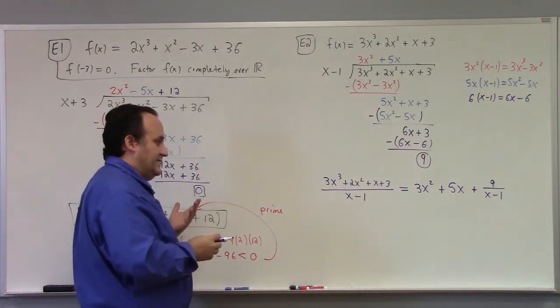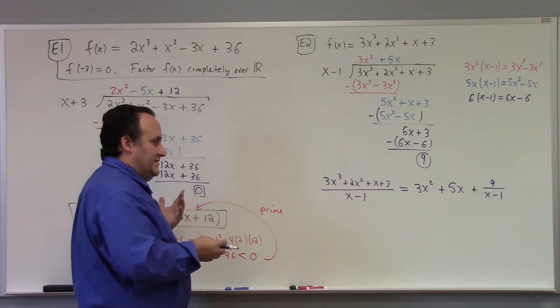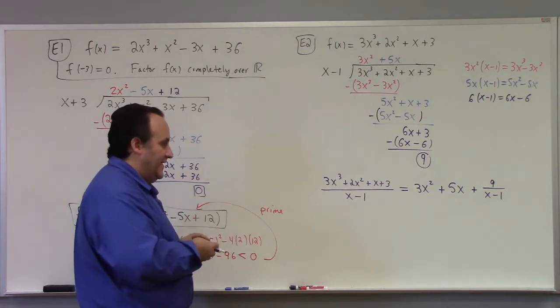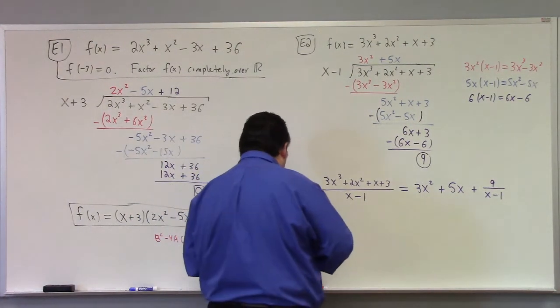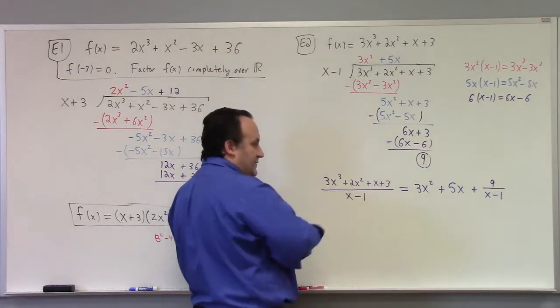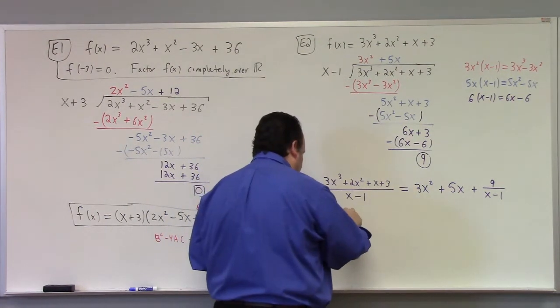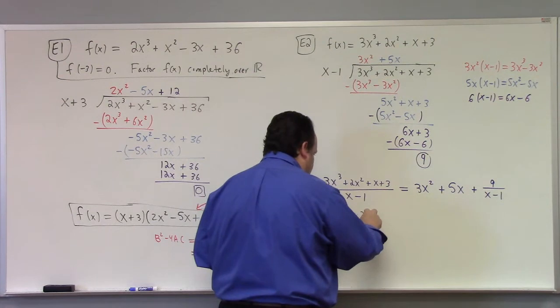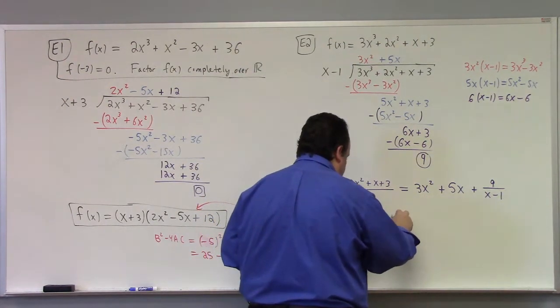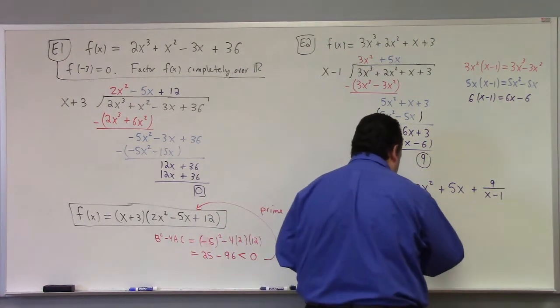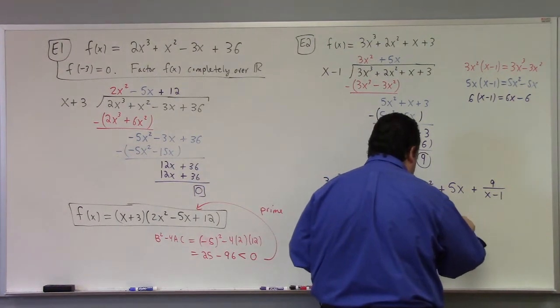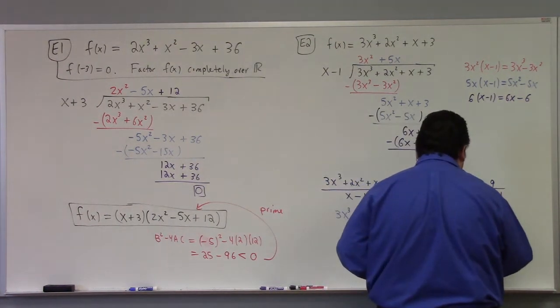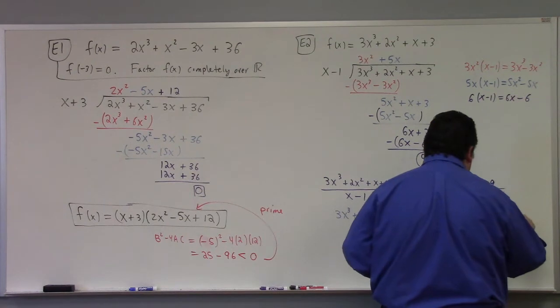So in this case, you can see that it didn't quite factor, right? If you multiply this equation by x minus 1, you see that 3x cubed plus 2x squared plus x plus 3 is actually equal to 3x squared plus 5x times x minus 1, plus 9.